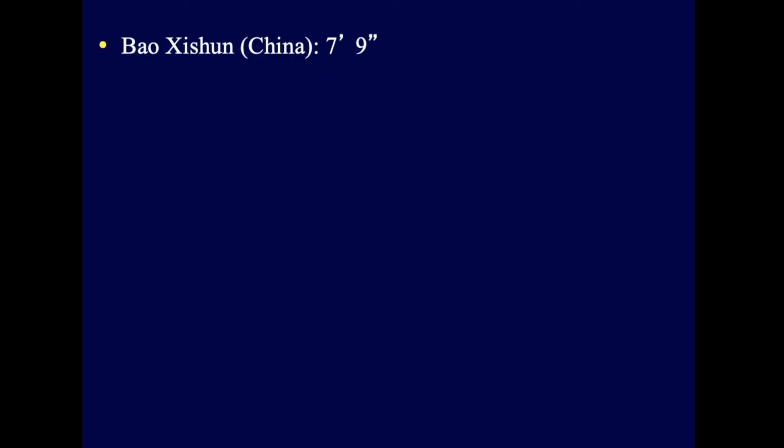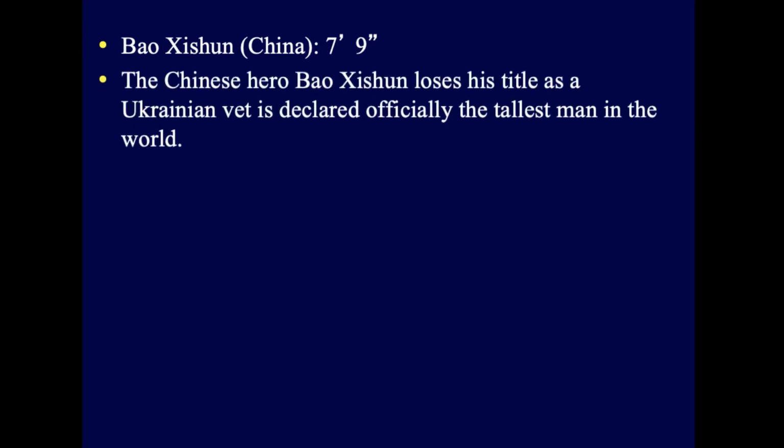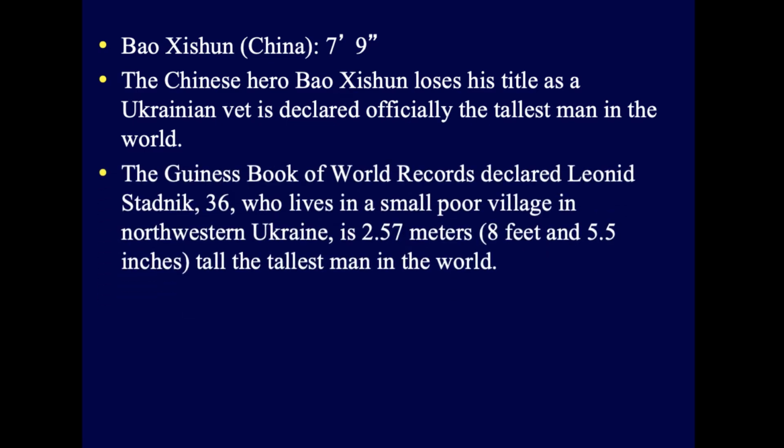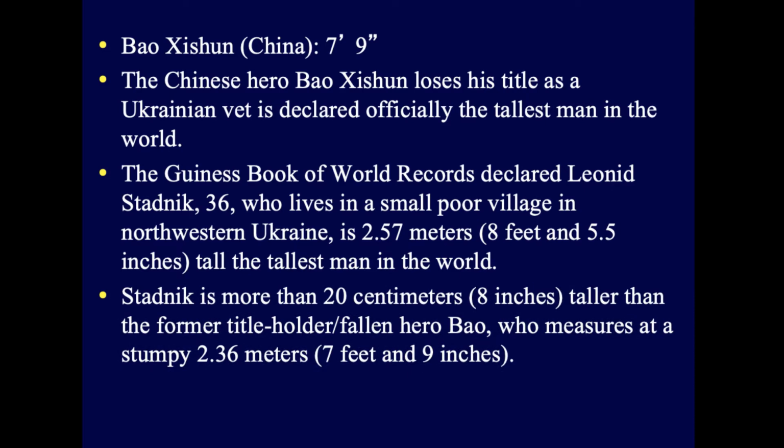So this gentleman you just saw the picture of, his name is Bao Zhang, and he's 7'9" tall. He did lose his title to a Ukrainian who became the tallest man in the world. Leonid Stadnik, who was 36, lives in this poor little village in northwest Ukraine, and he was 8 feet 5.5 inches tall, and he is more than 8 inches taller than Bao.